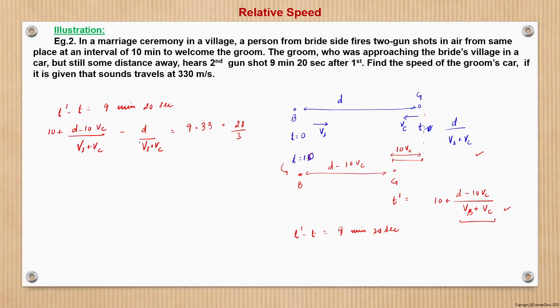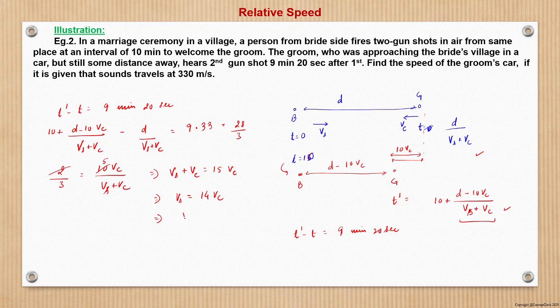So from here d upon vs plus vc will get cancelled, so what remains is, this will come this side, so 10 minus 28 by 3 is 2 by 3, and what remains here is 10 vc upon vs plus vc. So from here 2 cancels this out, so vs plus vc is equal to 15 vc, right? So from here we can say that vs is equal to 14 vc.